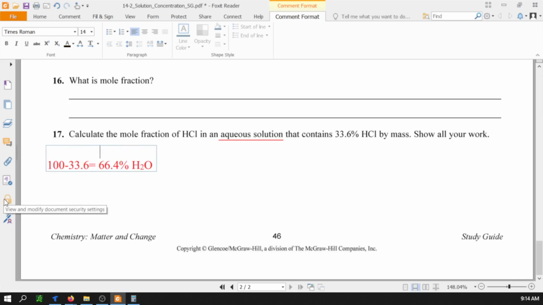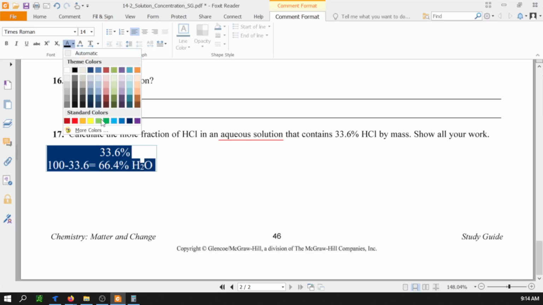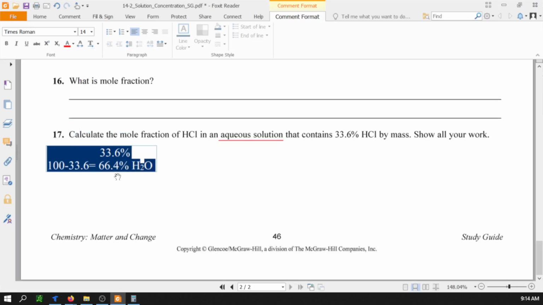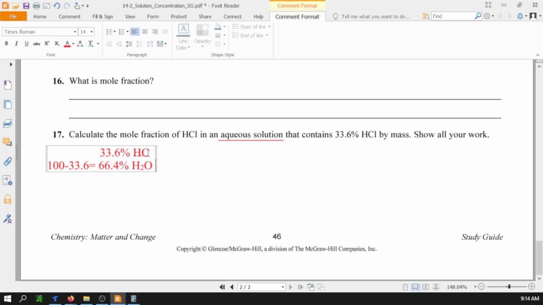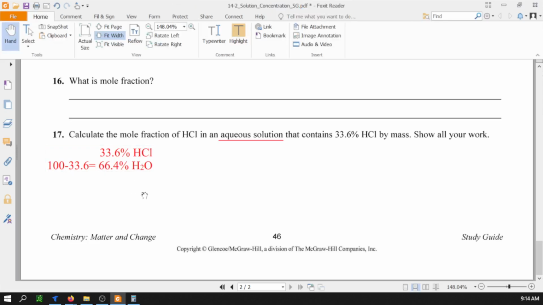This is the tricky part right here. How do we get from percentages to moles? The way that we're going to do this is we're going to assume a sample size.